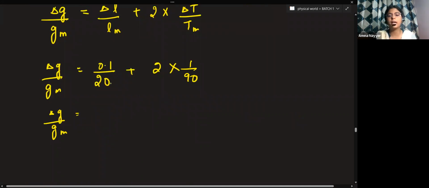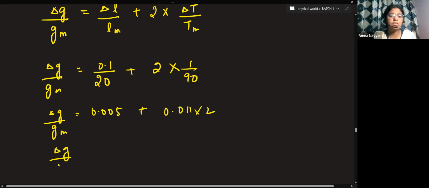This is 1 by 200, or 0.1 by 20 can be written as 0.005 plus 2 divided by 90. This will be 1 by 45, and 1 by 90 can directly be written as 0.011 multiplied by 2.